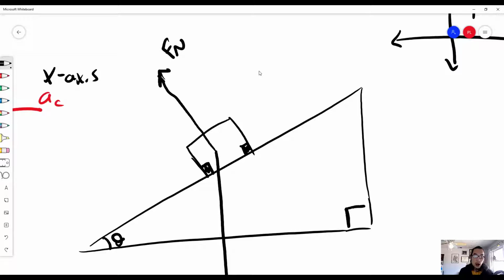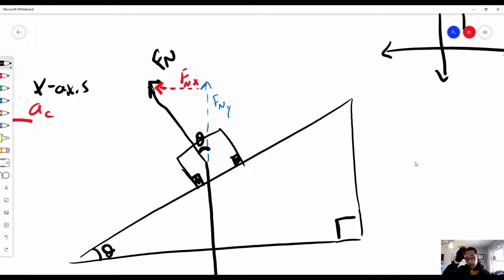All right, the angle, this theta, for our components, I'm going to draw our components right here. So this is F_N y. And this right here is our F_N x. Our theta will be right there. That will be our theta.